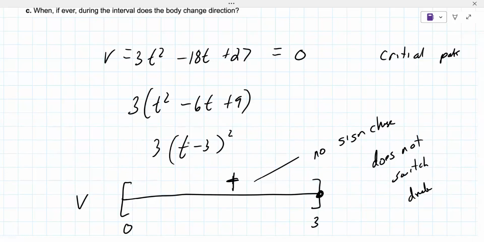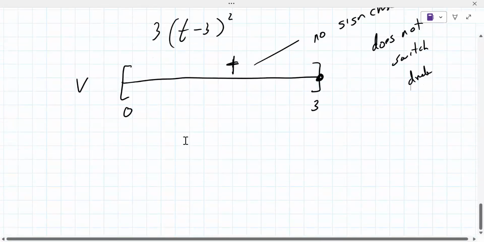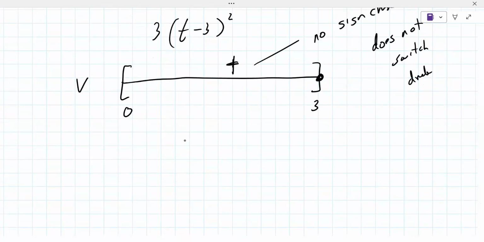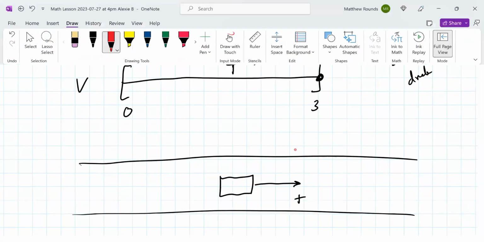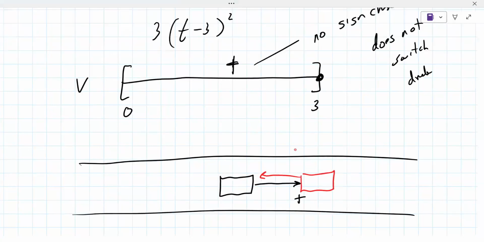So think about yourself when you are driving. If you imagine you're in your driveway, and I'm going to draw it horizontally. So if you're in your car and you're going this way, and assume that's positive, and you stop, and then you're over here on the right. I'm going to draw this in a different color. And then you go backwards, which is negative.